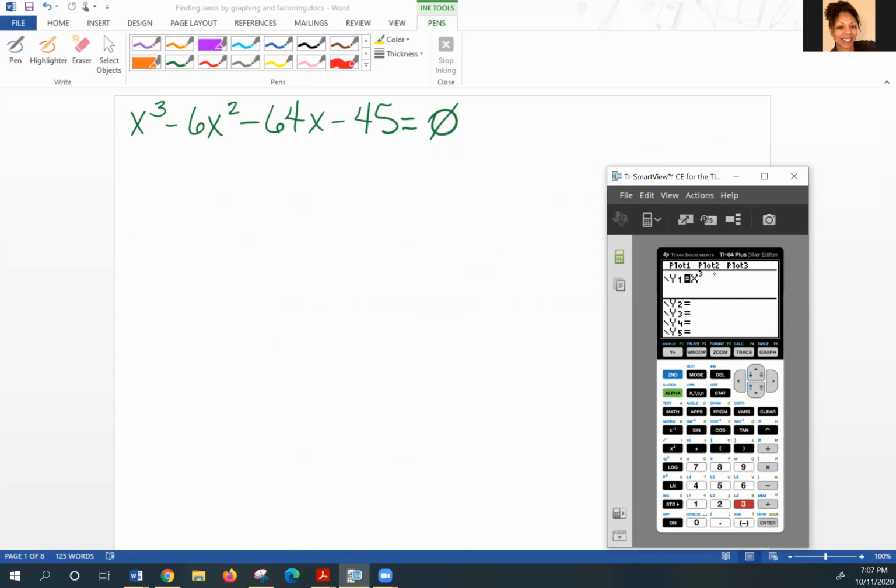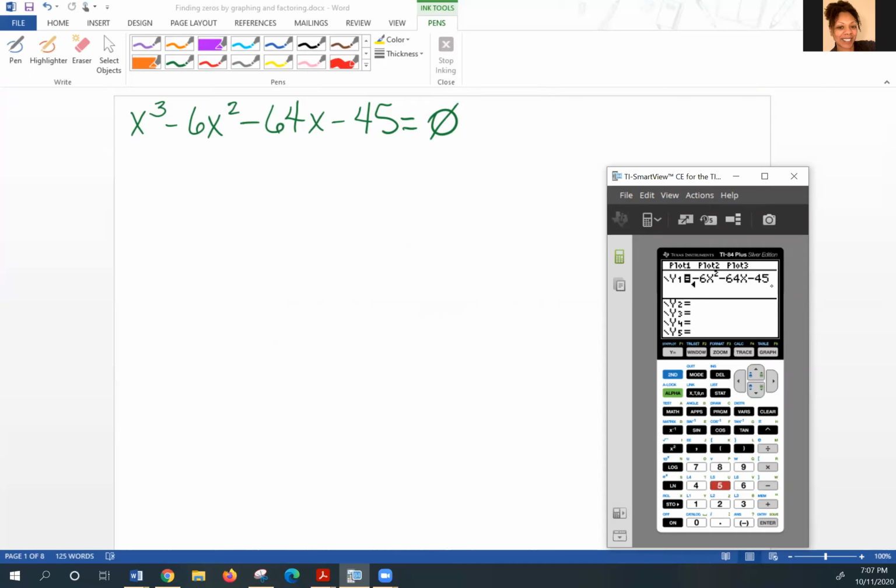It's still an exponent, so I have to use my right arrow to bring it down, minus 6x, and I want to raise that to the 2nd power. And again, now let's see, minus 64x minus 45. And again, do not try to type =0. That's already accounted for.